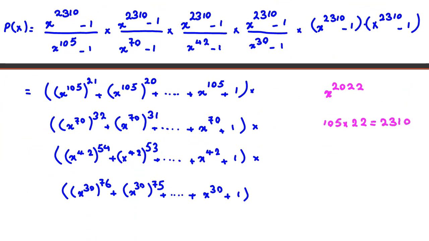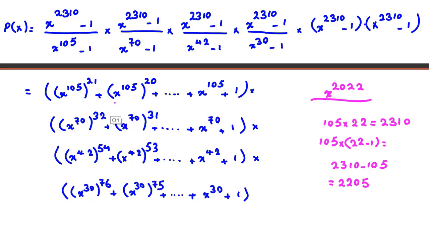So when we have 105 times 21, it will be 105 times 22 minus 1, which will be 2310 minus 105. 2310 minus 105 is 2205. So it will be greater than this.